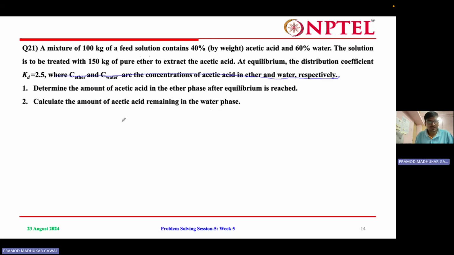So in this question, given the Kd, Kd is the amount of acetic acid in the ether phase divided by the amount of acetic acid in the raffinate phase.